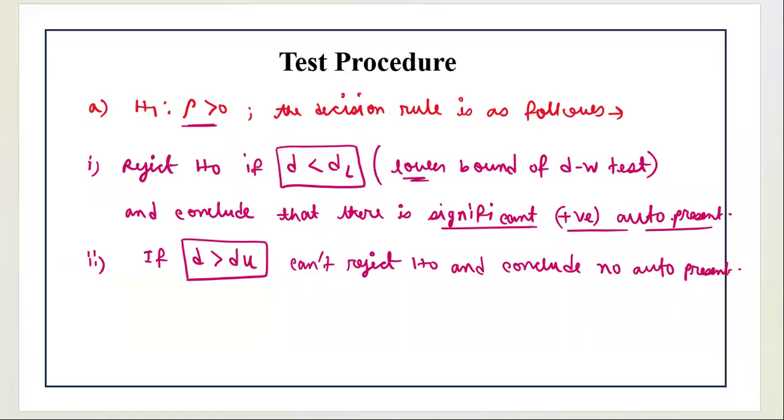So this is the second case. When the computed value is greater than some specific predefined upper bound, we cannot reject H naught and there is no significant autocorrelation present in our model.